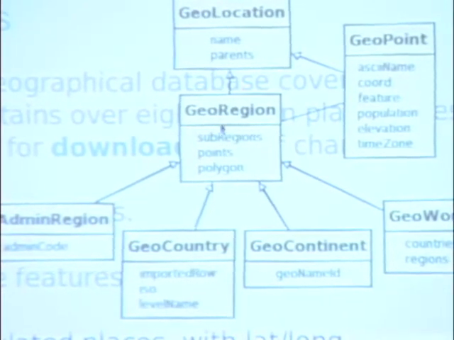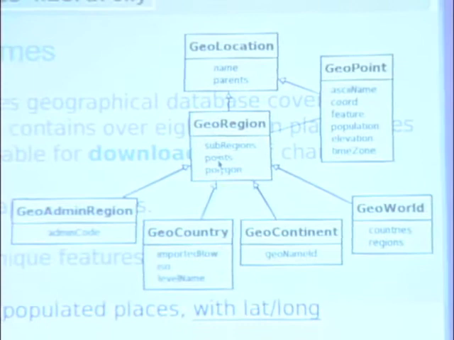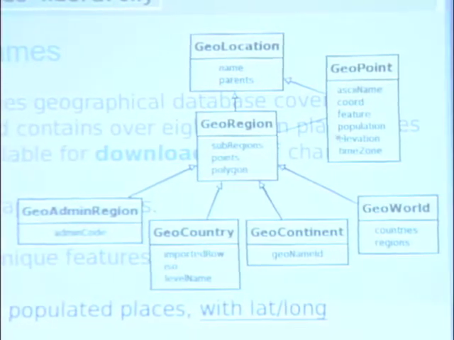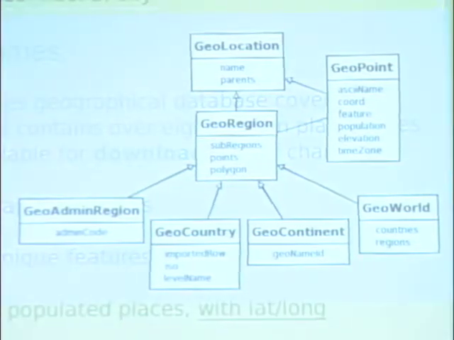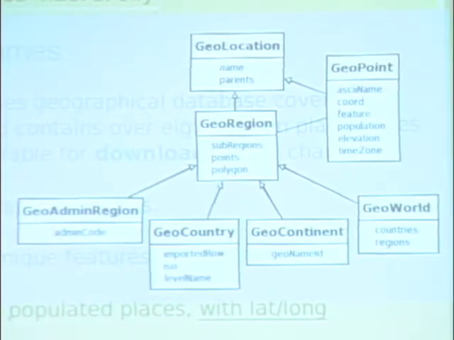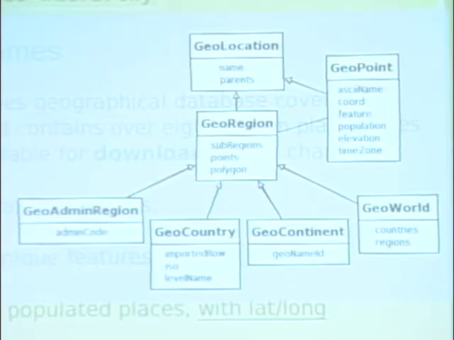The georegion would be the municipality that has a collection of those points. Now this polygon here, that's not part of the GeoNames data set. I added that to my Smalltalk model later on because I figured out that I couldn't meet the requirement by only using the collection of points.